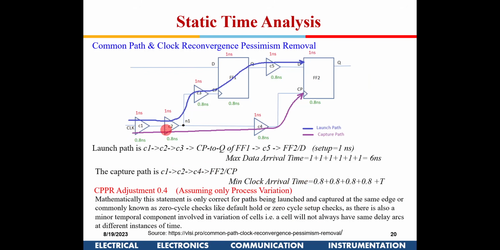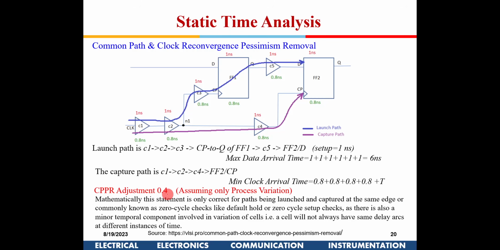It will identify the common blocks in these paths. Now if you see here 0.2 and 0.2, so 0.4, that 0.4 will be adjusted. That means in the total slack which is available, it will add another 0.4, which is also available.